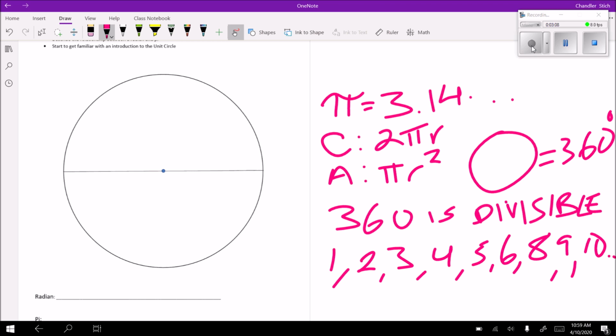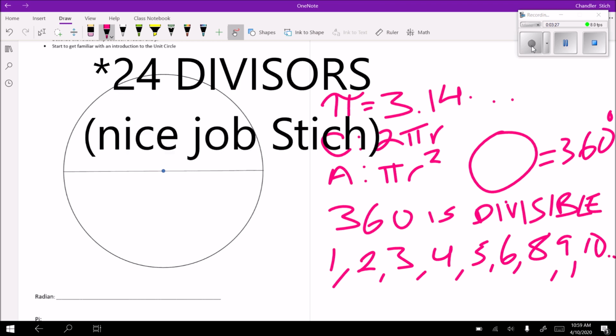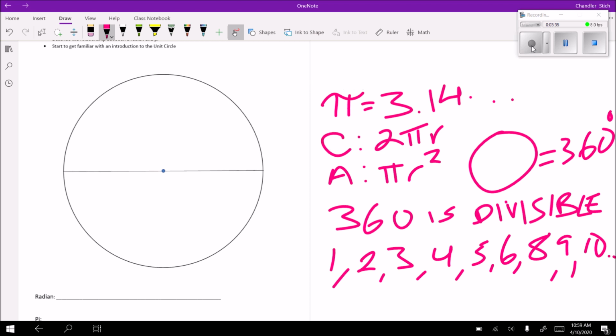So it's divisible by every number 1 through 10 besides 7, which is pretty convenient, right? So that's 9 out of the first 10 numbers it's divisible by, which is incredible, right? You also can keep going. I forgot the exact number, I think it's 32 divisors. I could be wrong on that, but I believe that there's 32 divisors. So that's a lot of numbers, right?